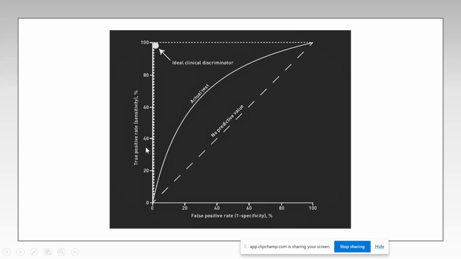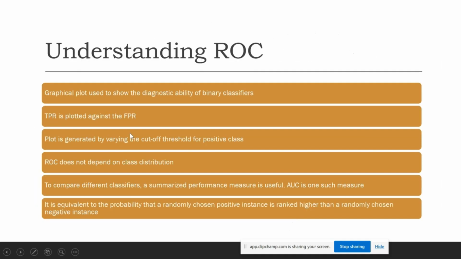It is plotted against the TPR and FPR. The plot is generated by varying the cutoff threshold for the positive class. We shall come to this point in another slide in more detail, on how we plot the ROC curve. But just understand that it is generated by finding out the TPR and FPR at different thresholds.